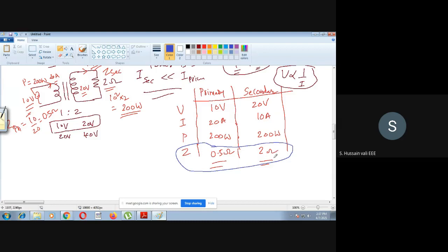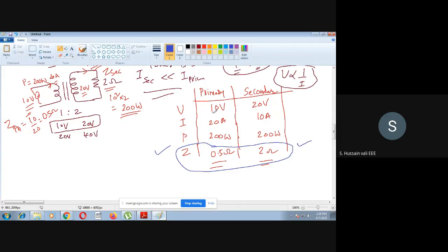So when I connect 2 ohm in the secondary side, it becomes 0.5 ohm on the primary side. That's important. So how this is important, I will tell you now. What you must understand here is that the transformer can change the impedance also. That is the point.